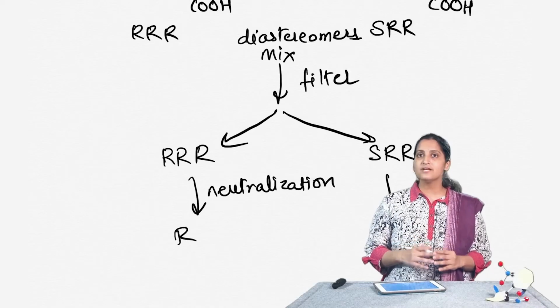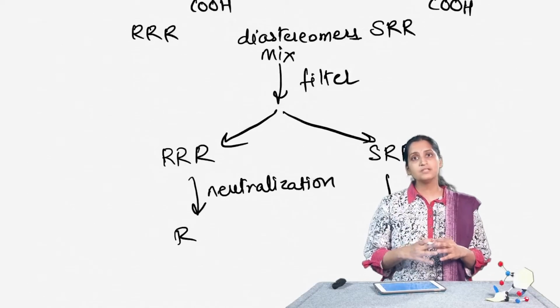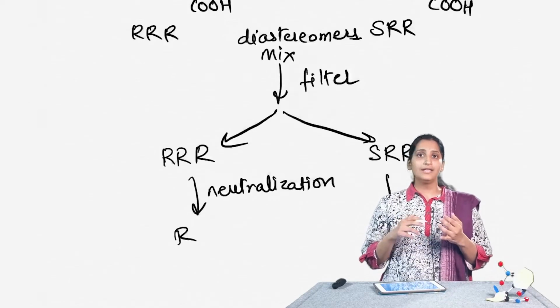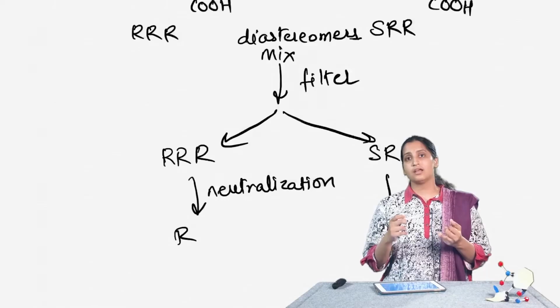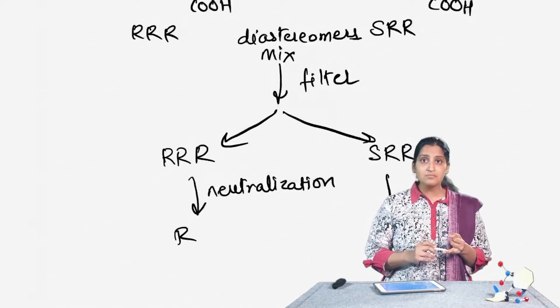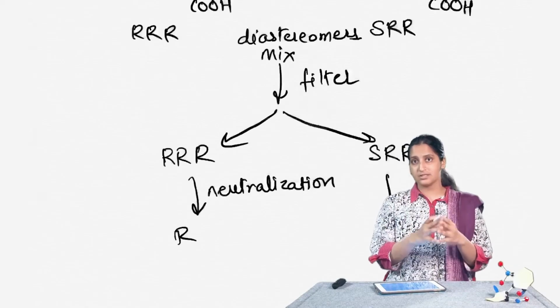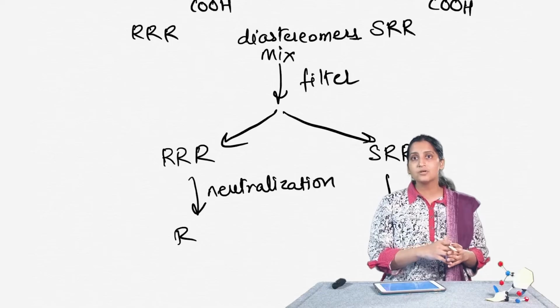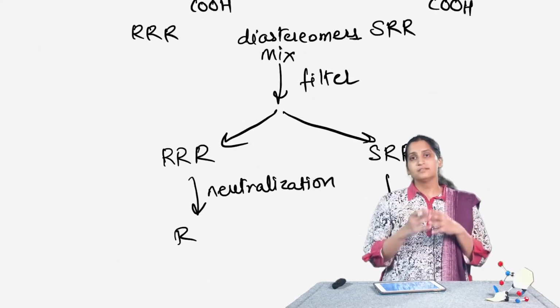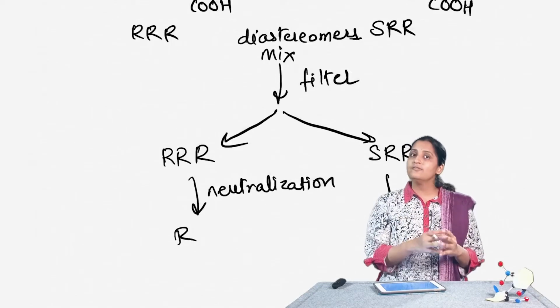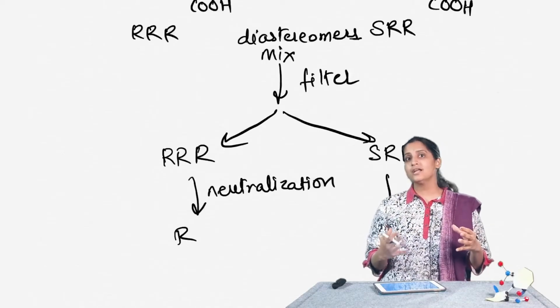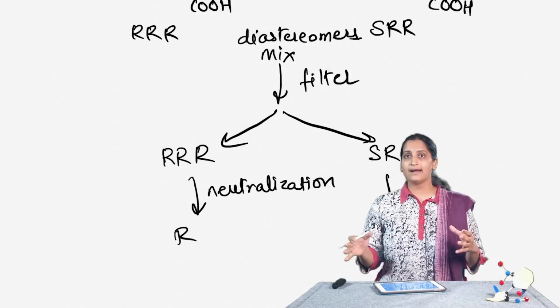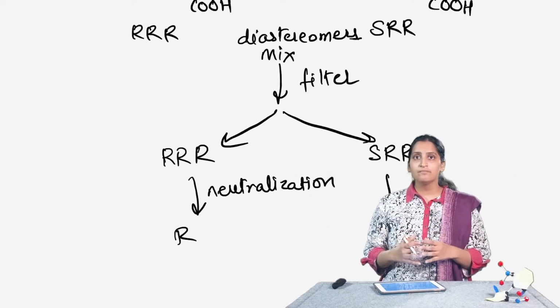There are some other ways of resolving enantiomers, and they include either using a chiral column, or secondly using enzymes to separate the corresponding mixture of enantiomers. So, in the case of enzymes, one of the enantiomers selectively reacts with the enzyme, whereas the other enantiomer remains unreacted and can be separated.